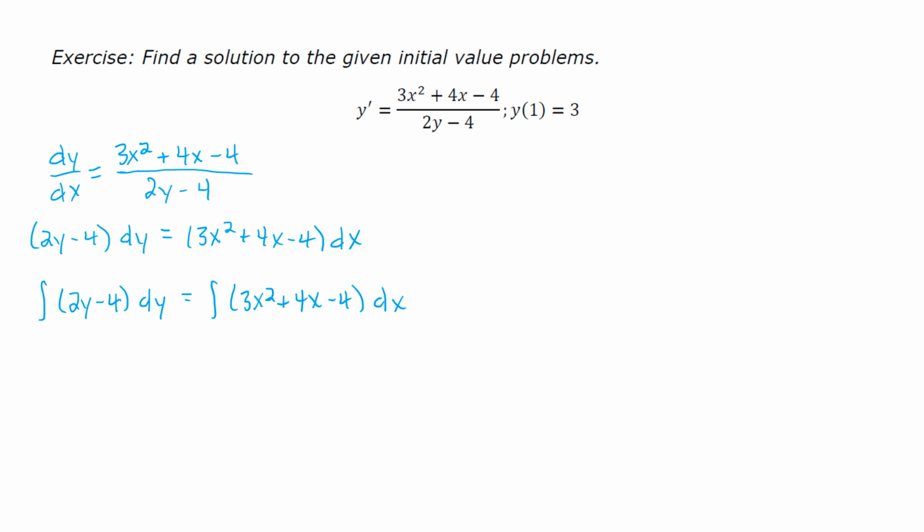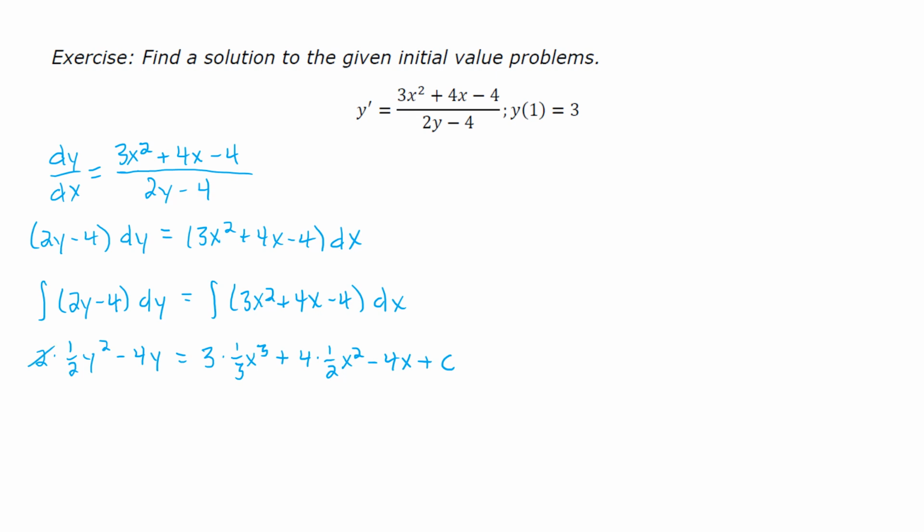So now let's take the integral. For the first one, 2y, I'll have 2 times 1/2 y squared minus 4y equals 3 times 1/3 x cubed plus 4 times 1/2 x squared minus 4x plus c.